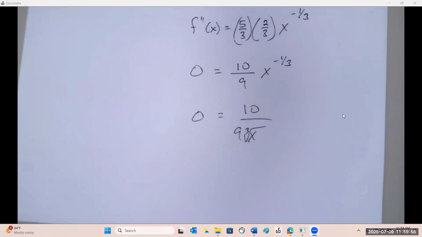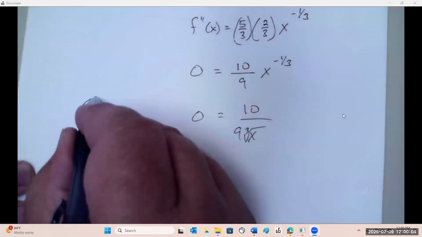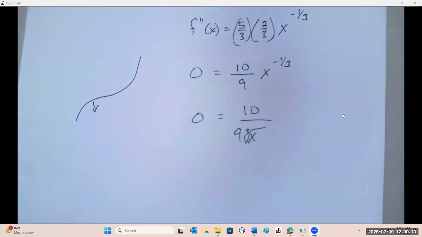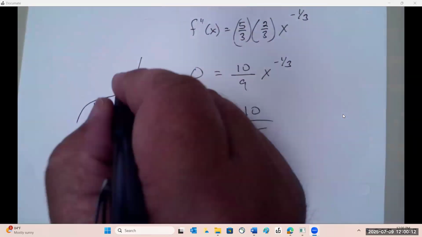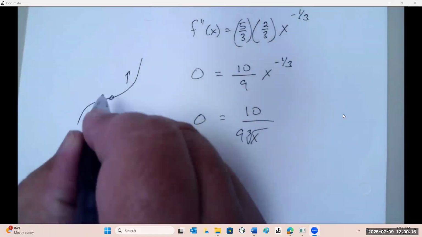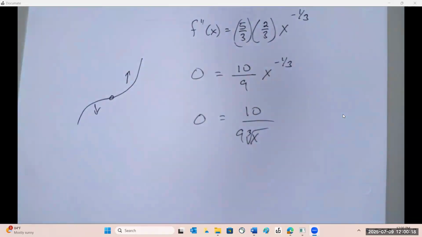No. So it has no point of inflection. Although it should. If you think about it, if it looks like this, isn't this concave down? Isn't this part concave up? Shouldn't there be a point of inflection somewhere between there?